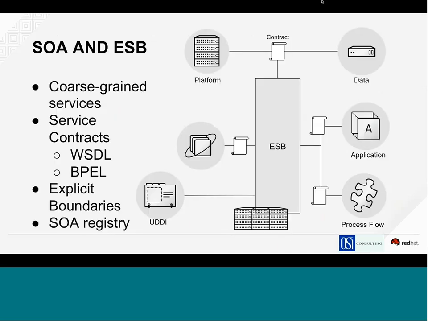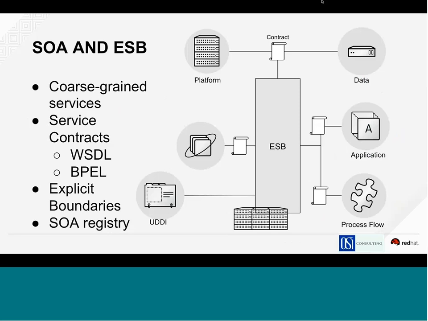So we go back to SOA and Enterprise Service Bus, Service-Oriented Architecture and Enterprise Service Bus, really focused around coarse-grained services. I need business composite applications, and to be able to say, I have these systems in play, and I need to pull it up to the coarse-grained, high level and say, this provides this particular function.